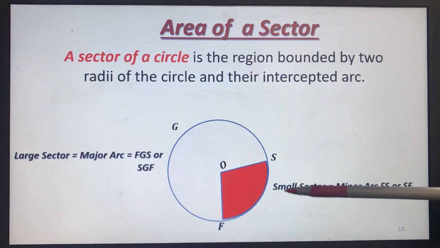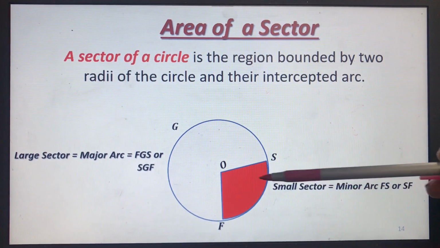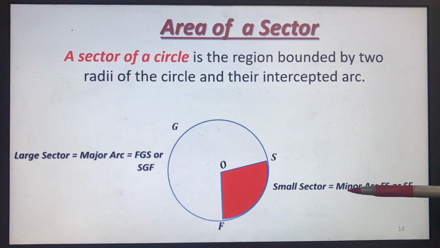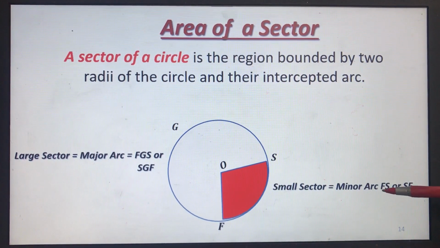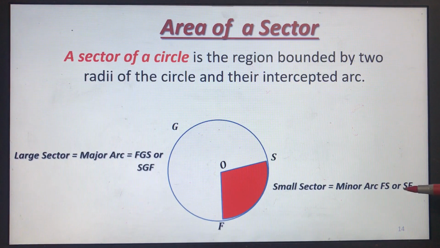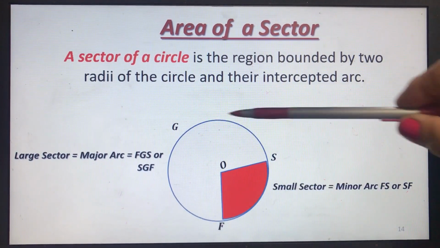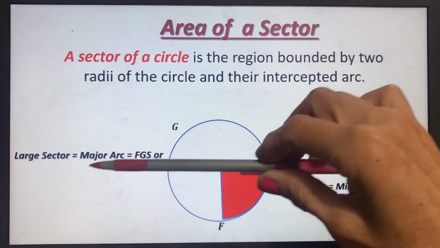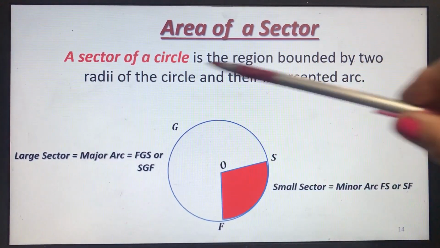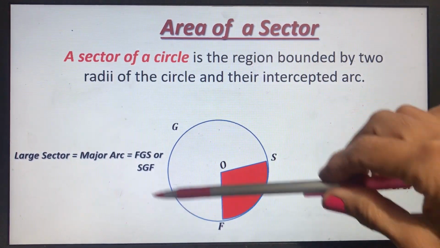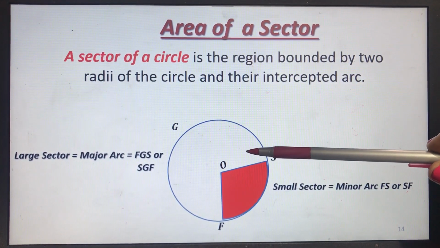Notice here that the small sector, which is the red one, is defined by minor arc FS or minor arc SF. And we also have the major arc, which is going to be the large sector. We have a small sector and we also have a large sector.